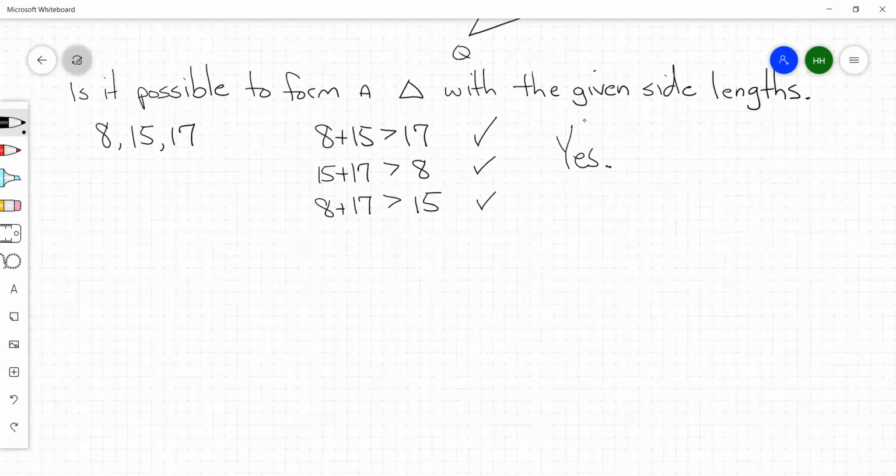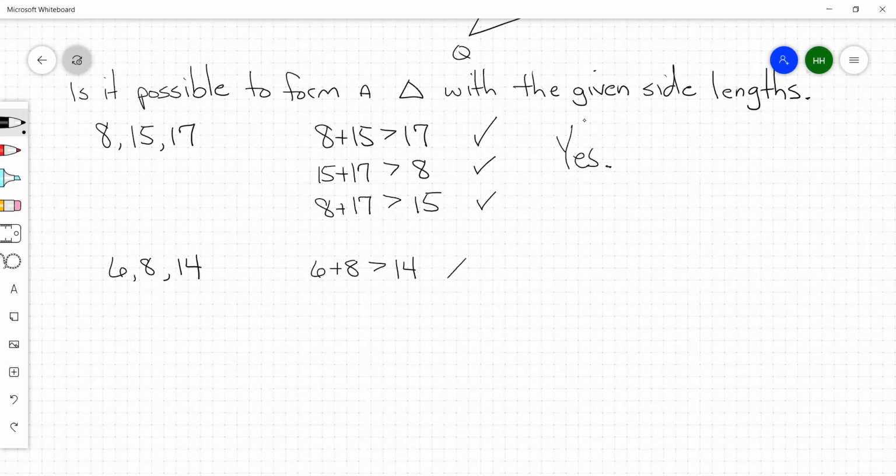What about with the sides 6, 8, 14? We're going to take 6 plus 8. Is that greater than 14? 6 plus 8 is 14, isn't it? And 14 is not greater than 14, is it?